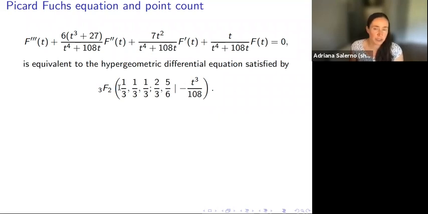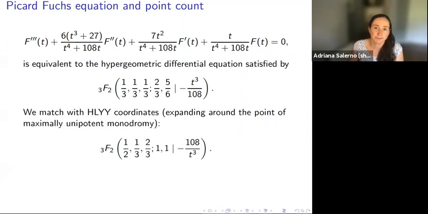I haven't defined hypergeometric functions, but these are power series in this variable, and they have coefficients that are determined by factorials of these parameters. These parameters determine everything you need to know about the hypergeometric function.